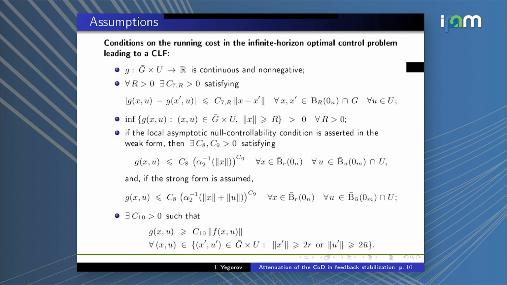So if we deal with an optimal control problem, we have to specify our objective function. We will deal with the Lagrange type cost, which is the integral of some function g of x and u. And this function g of x and u also has to satisfy certain assumptions.